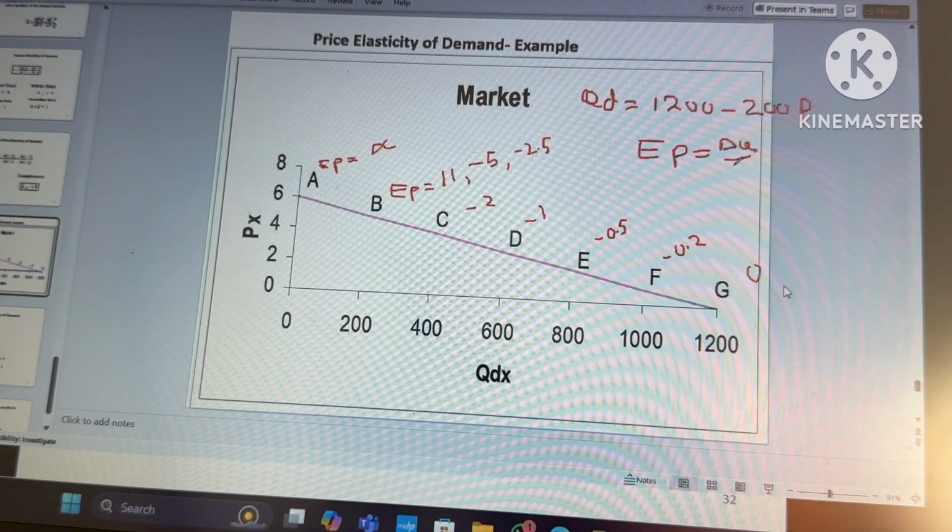So this is the equation for the elasticity: delta Q over delta P multiplied by P over Q. Instead, this is B, and the value of B is minus 200.